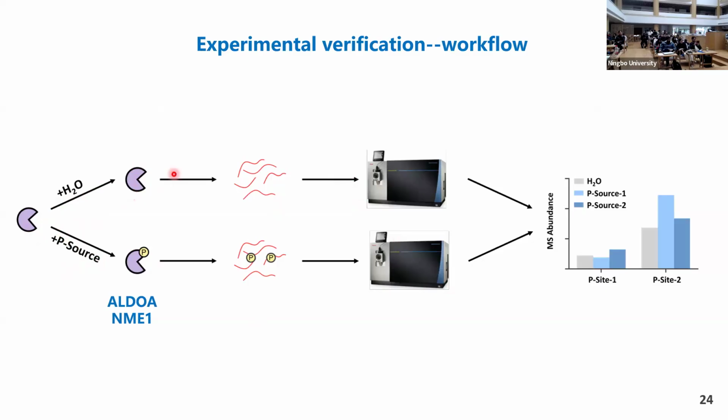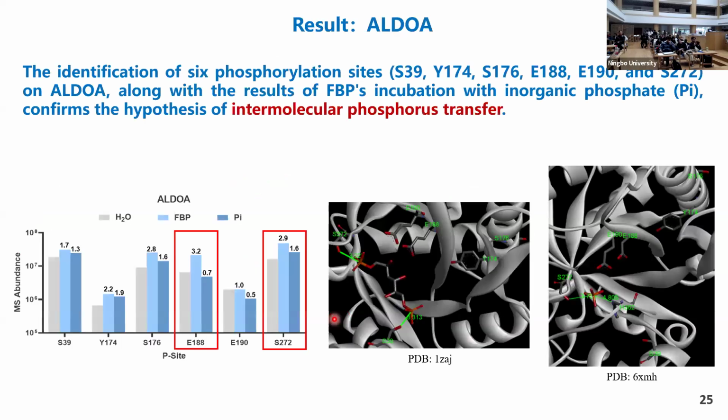And then by bottom-up mass spectrometry, we can quantitatively identify whether the level of any phosphosite is elevated. And the results are exciting, okay?